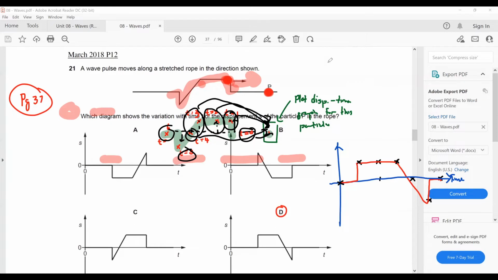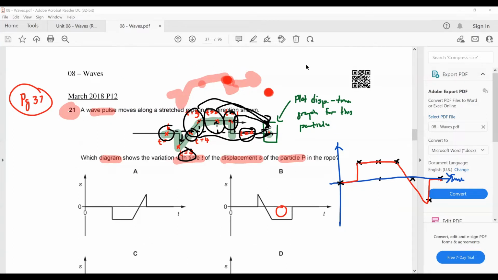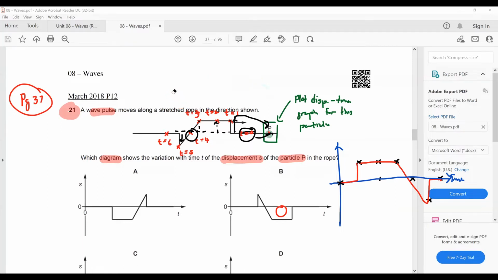So what I'll say here is, is there anything I can write here? Wait on, let me just write everything. Let me see whether I can write something here. It's the explanation. Plot displacement time graph for this particle.